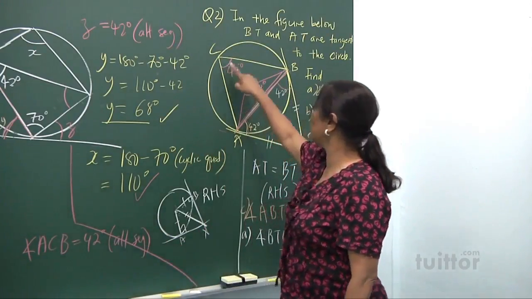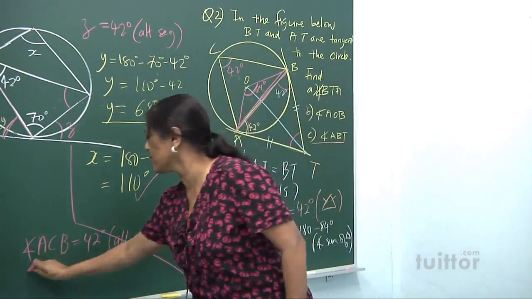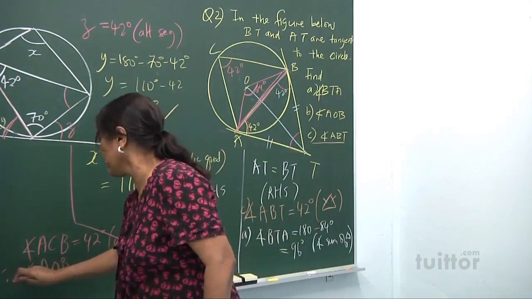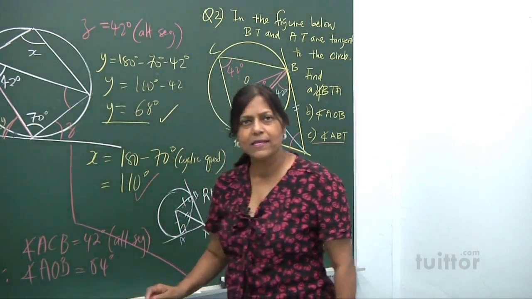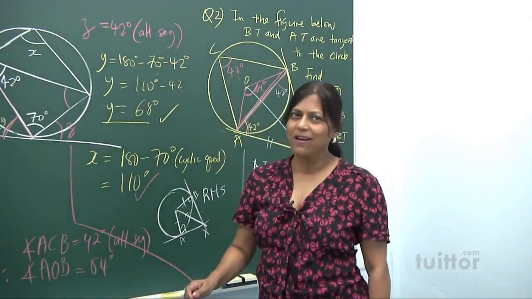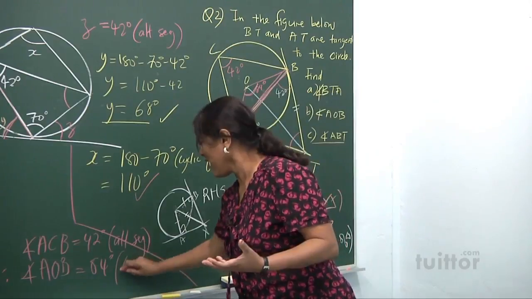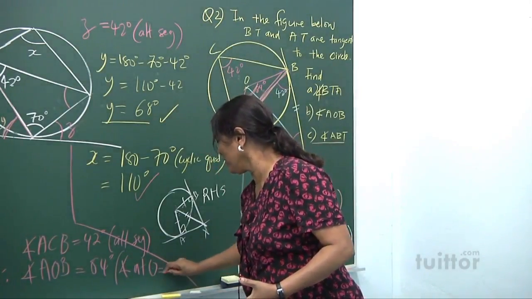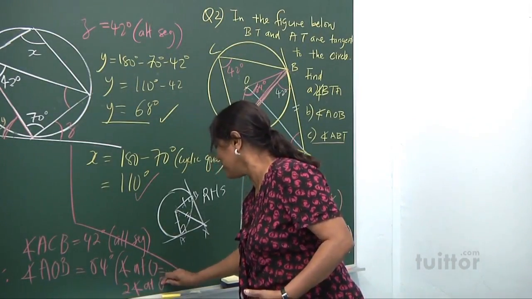And once you've got ACB, angle AOB is twice of that. So therefore angle AOB is 84 degrees. Reason being, alright, write in the shortest form you can. Angle at center equals twice angle at circumference.